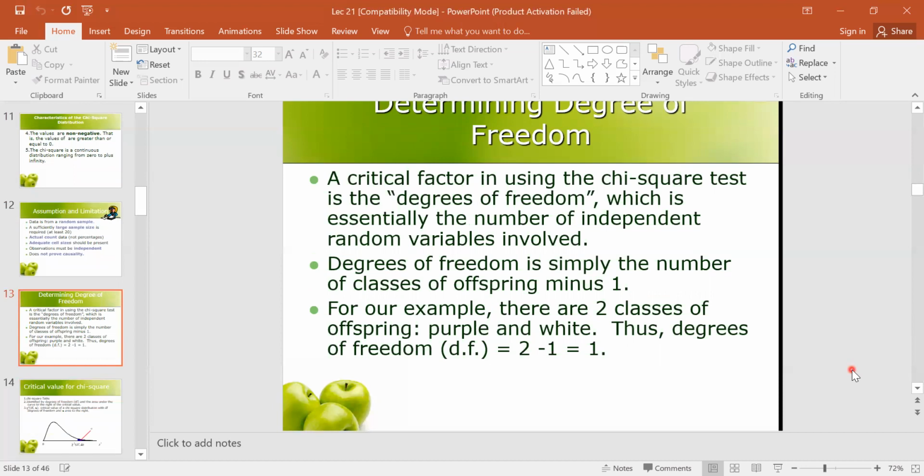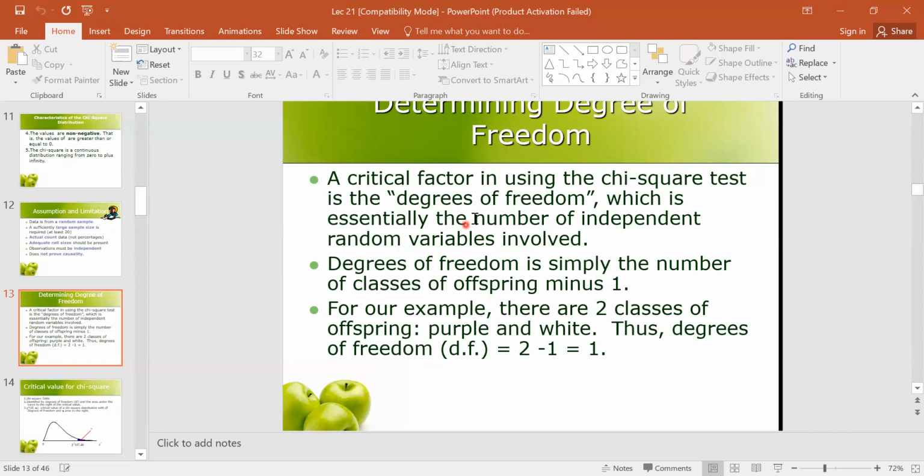So this is the determination of degrees of freedom, or how we find the degrees of freedom of chi-square. We have 3 types of chi-square test: independence, homogeneity, and goodness of fit. And each test has different degrees of freedom.